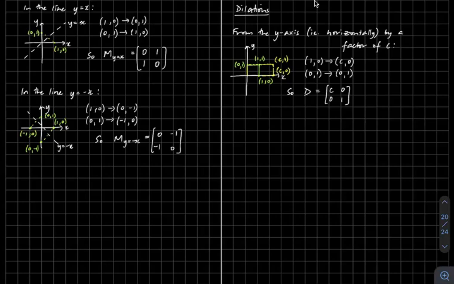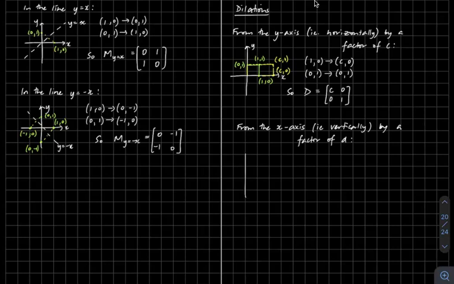Okay, and then if I was going from the x-axis, in other words dilating away from the x-axis up or down, that would be a vertical dilation. So let's say if we did that one by a factor of d.